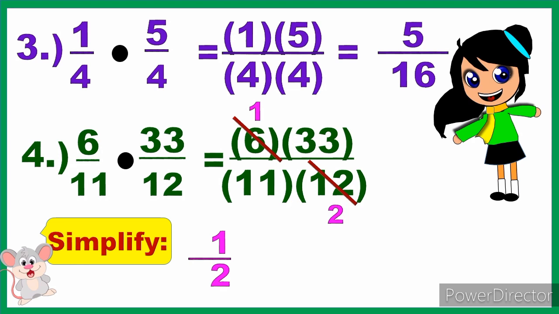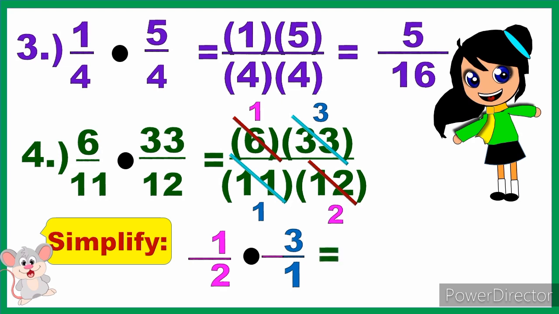And then, 33 and 11, common factor is 11. So, yung common factor, i-divide natin siya both numerator and denominator. So, 33 divided by 11 is 3. 11 divided by 11 is 1. And then, i-rewrite natin yung result na 3 over 1.